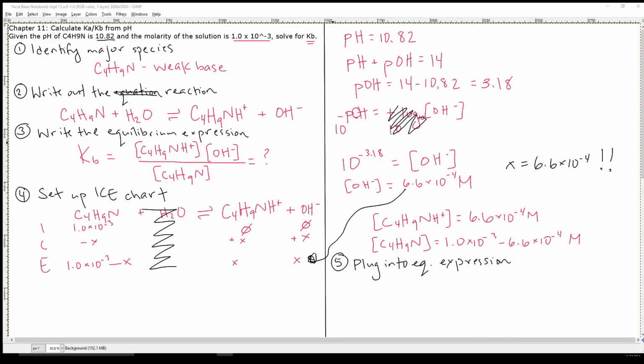So I'm going back to what I wrote in step 3, that Kb is equal to C4H9NH plus, 6.6 times 10 to the negative 4. No exponents because no coefficients. Hydroxide is 6.6. Oh, they're the same. That's nice.